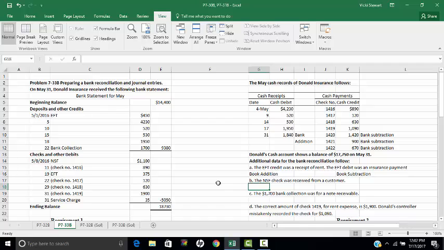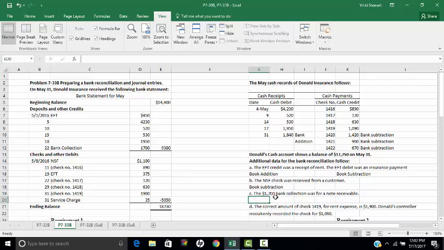The NSF check that was received from a customer means that we deposited this $1,100 previously, but then it was rejected when it went to the customer's bank. So that means that it has now been subtracted from our account, so it will be a book subtraction on the bank reconciliation, and we would also have to set that accounts receivable back up to show that the customer still owes us.